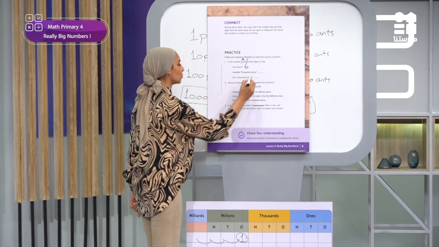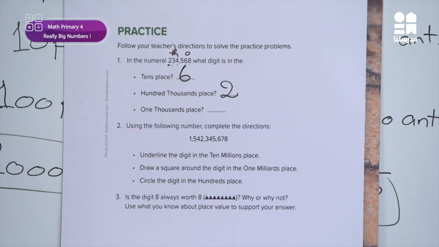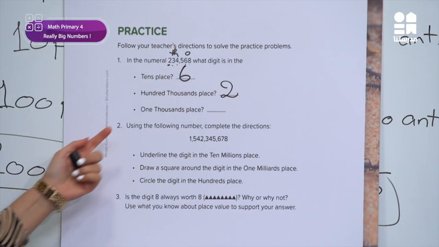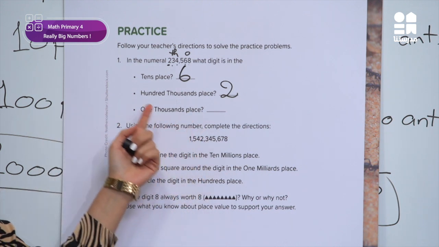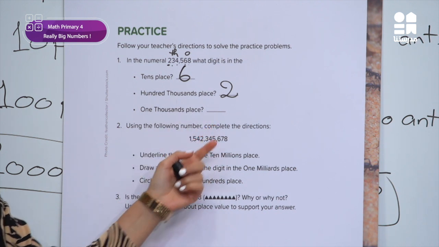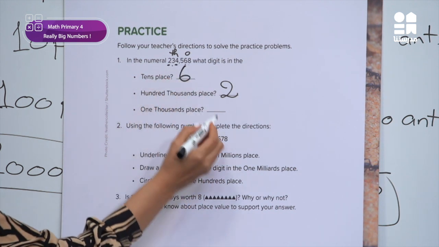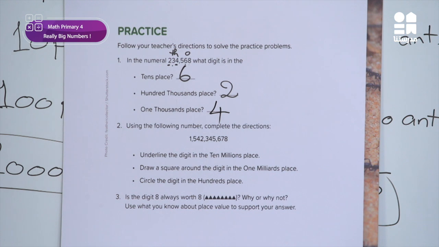So, 2 is in the 100,000 place. Which digit is in the 1,000 place? Yes, 4 is in the 1,000 place. Okay, now you understand it?